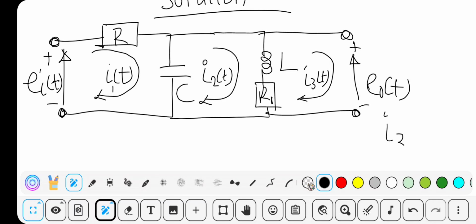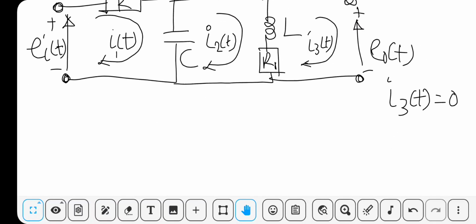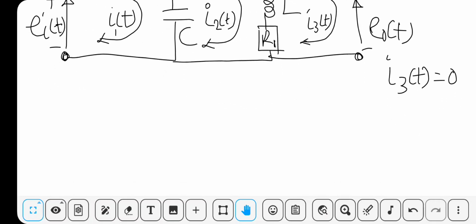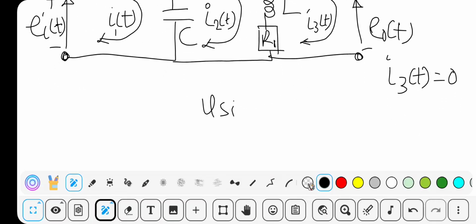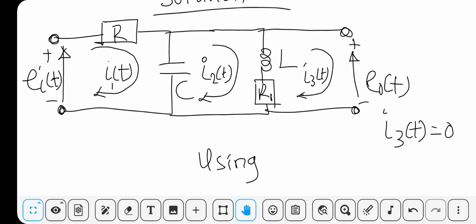Now current 3 is equal to 0, but we are going to input it after finding the equations. The reason why I3 is equal to 0 is because when you see an open circuit where the output is open, the input is assumed to have an ideal voltage, so it's not actually open, but the output is open, so the current in the output is 0.